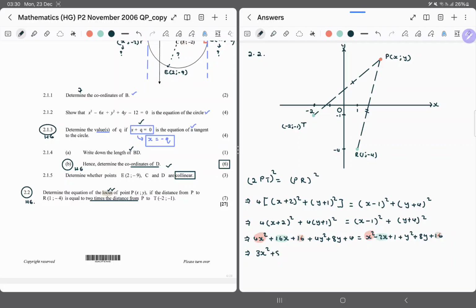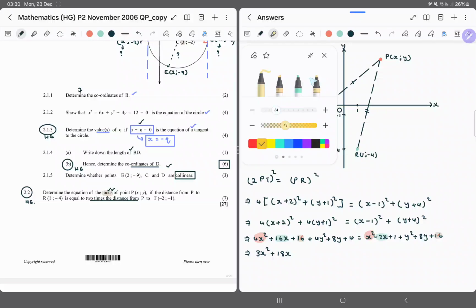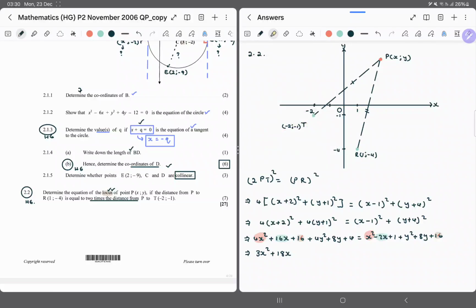That gives us 18x. Not 8x, 18x. And then what do we have? Y squared, 4y squared minus y squared. It's going to be plus 3y squared.